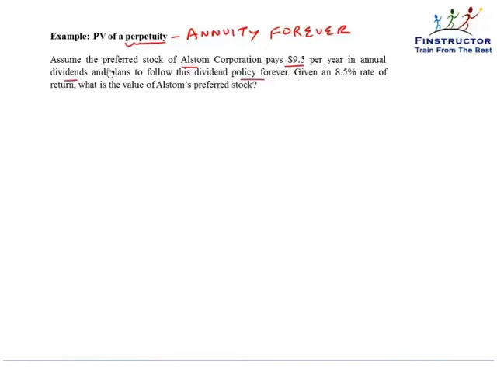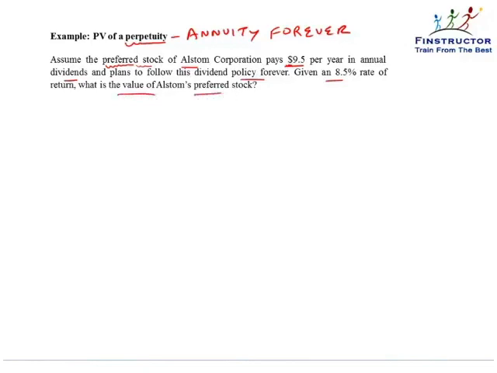In fact, this is generally how we look at preferred stock. We'll study it more in equity valuation, but a preferred share is like debt in that it gives us a fixed cash flow, but there is no time to maturity like a bond or like debt. So this fixed cash flow is generally assumed to be coming forever. The discount rate is 8.5%. The question asks to compute the value, or the present value, of this instrument.